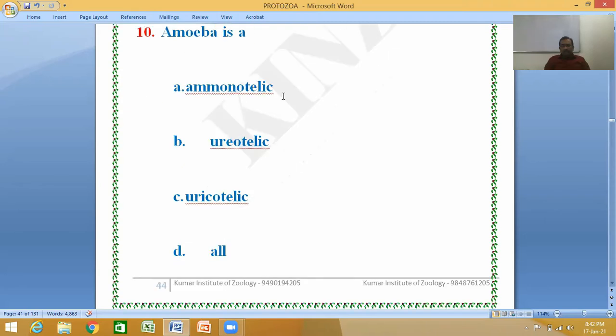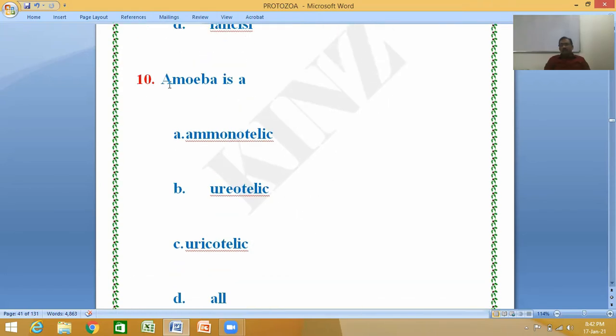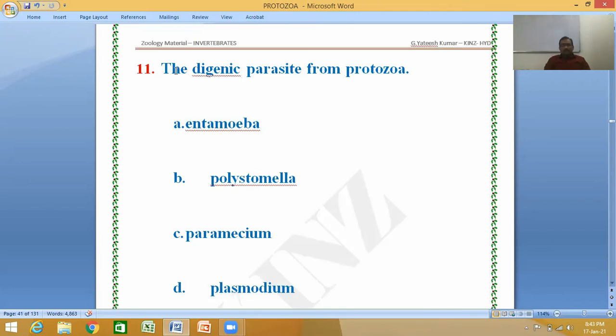Amoeba is aminotelic, ureotelic, uricotelic? Amoeba lives in the water. That's why most of the aquatic animals are aminotelic. 11th question. The digenetic parasite from protozoa. It can live in two different hosts, that is called a digenetic parasite.